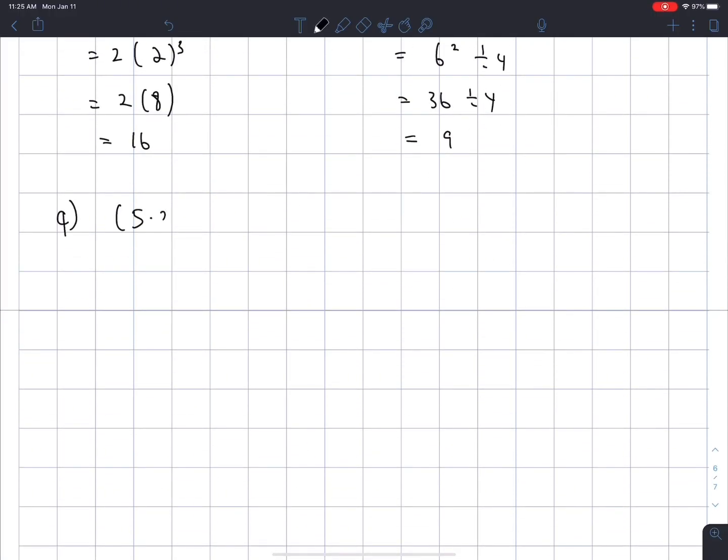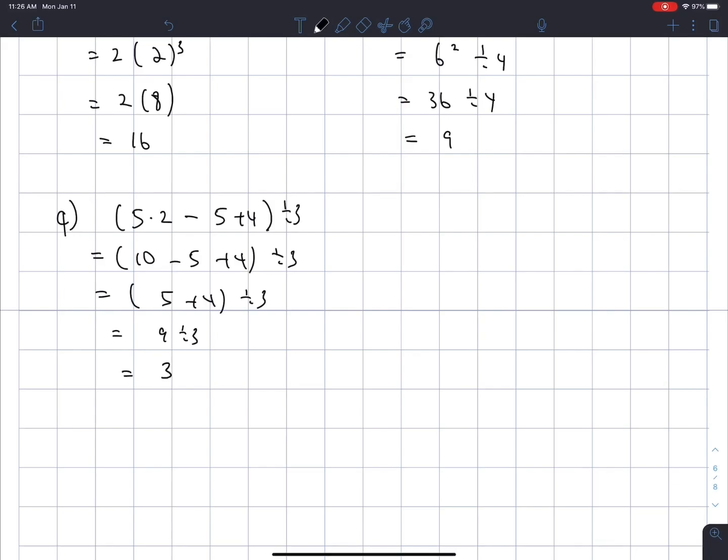Q, 5 times 2 minus 5 plus 4 divided by 3. So 5 times 2 is 10. Remember, adding and subtracting, we have to go from left to right. 10 minus 5 is 5. And 5 plus 4 is 9. 9 divided by 3 is 3.